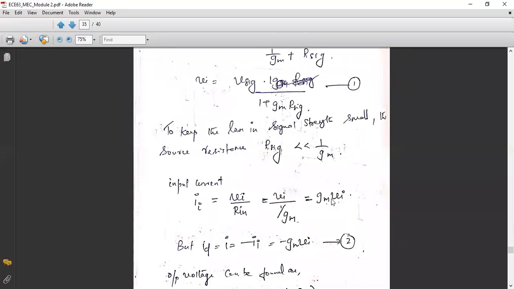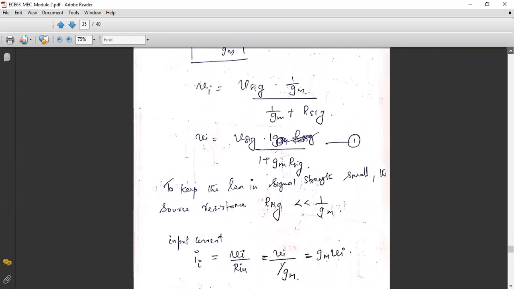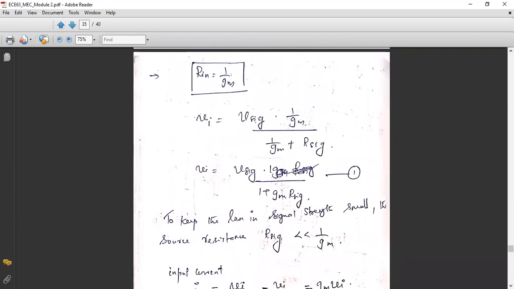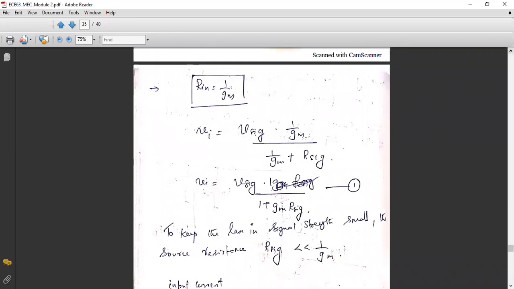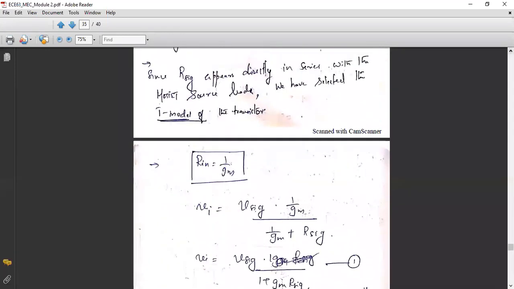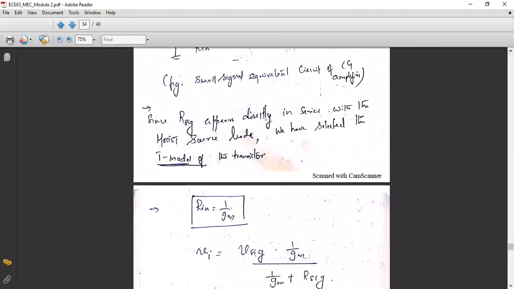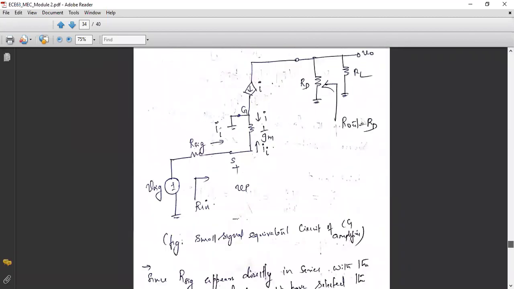Next, I will go for the drain current. You know that drain current will flow from drain to source. So as far as this circuit diagram is concerned, the drain current direction is opposite to that of the incoming current Ii. See, this is drain current I. This I is opposite to Ii, and here you have no current.